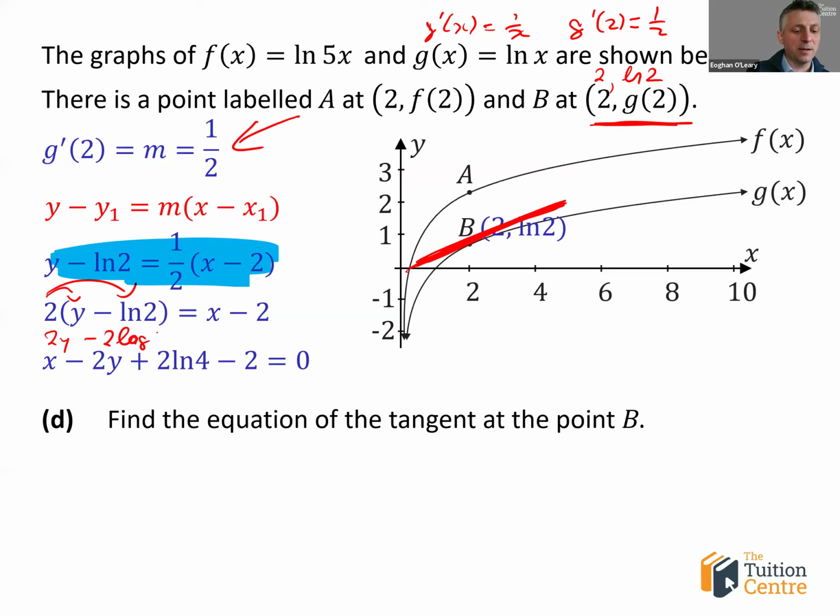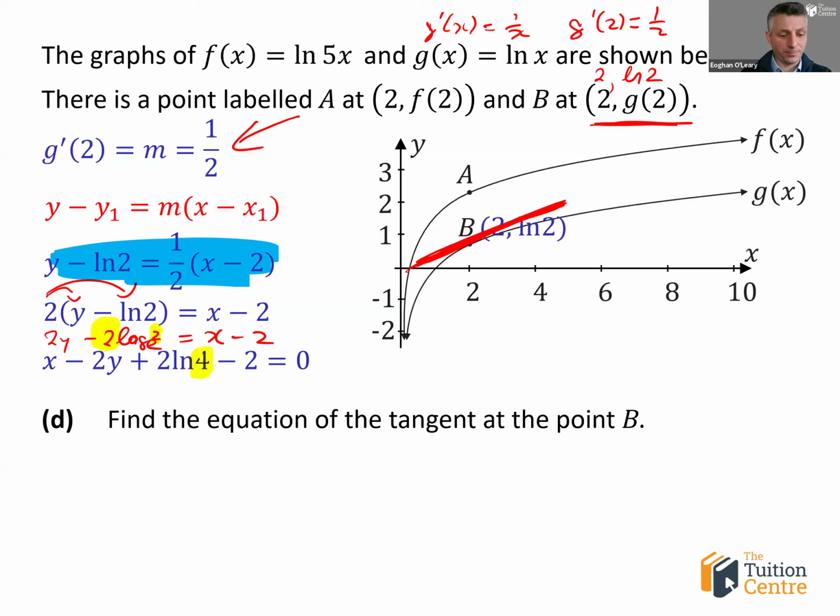And I'll just write that as log 2 to the base e as a reminder, equals x minus 2. And again, I can use my power to the front law here in reverse and say basically the log, if I have minus 2 times log 2 to the base e, I can bring that first 2 up as a power. I get 2 to the power 2, which will give me 4.